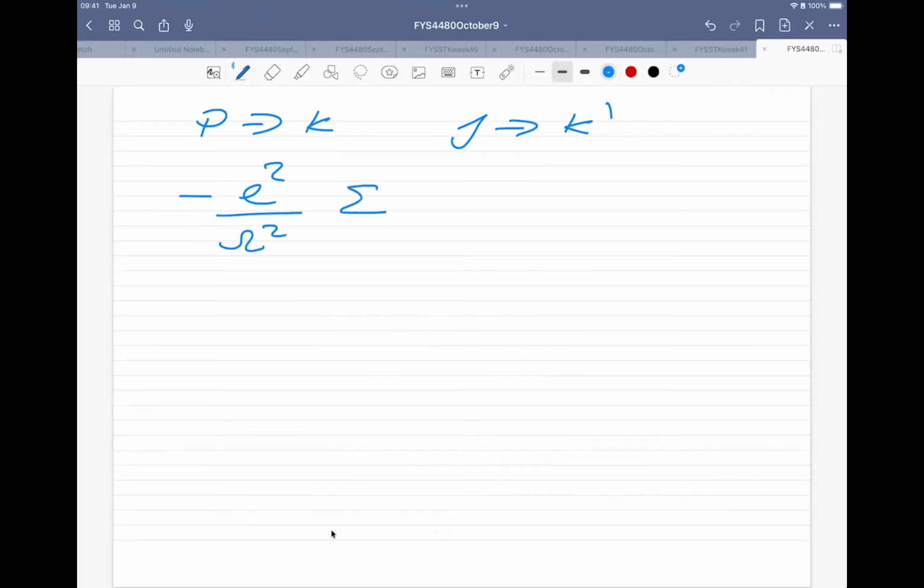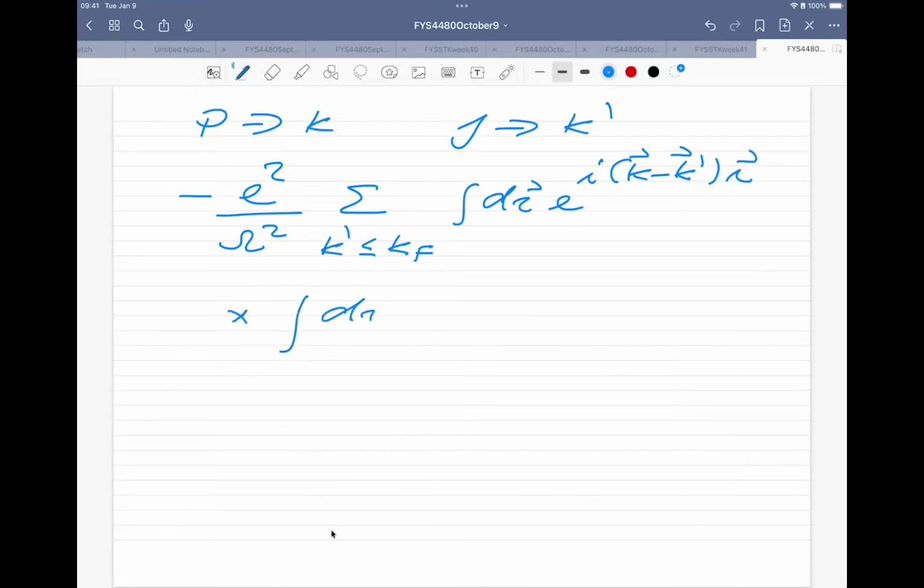Then I'm going to have a summation for all the states below the Fermi level, k_F, and an integral over dr. This is multiplied with e^(i(k - k')·r), and I'm going to put vector signs because this is a three-dimensional vector. Finally, it's multiplied with an integral over dr prime, and then I have e^(i(k - k')·r') divided by |r - r'|.